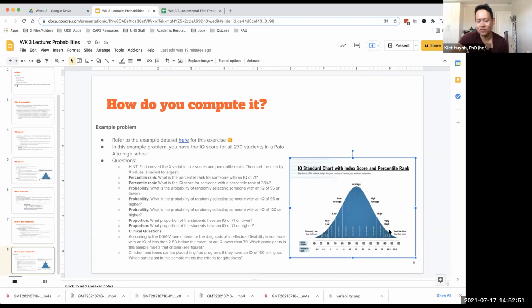That means they're way above the average as far as IQ. And usually when students fall into that category, they could be placed in gifted programs. So they have certain classrooms or resources to help them, and that's extremely important for some parents and students.